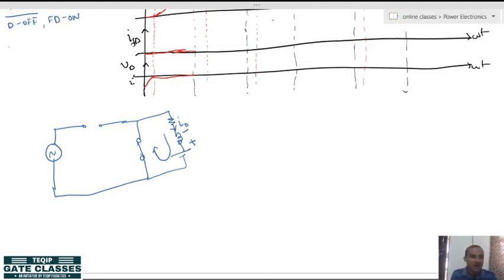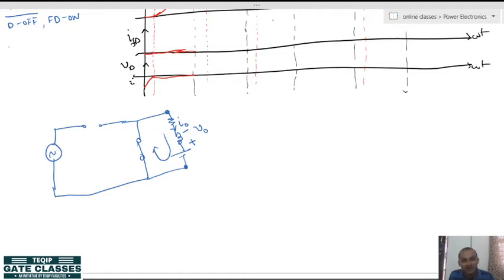Now if I ask you what will be the output voltage here? I told you one concept in my previous lecture: whenever the load current is flowing in the RLE load, the effect of E will not be seen in the output voltage.